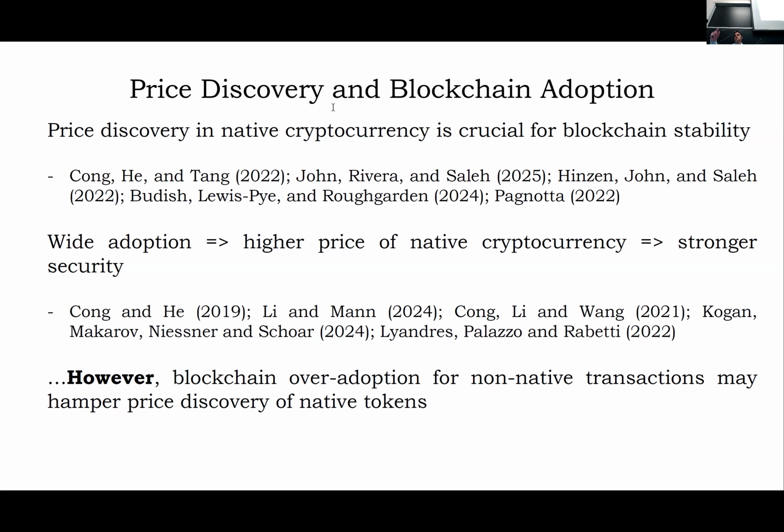So it's possible that what you're saying is also right. The question is which effect dominates. Is it more that you have some positive effects on the native cryptocurrency if you are using the underlying blockchain to host non-native cryptocurrency, or is the effect that you create too much congestion and therefore you harm the price of the native cryptocurrency? So that's a good question. Thanks for asking.